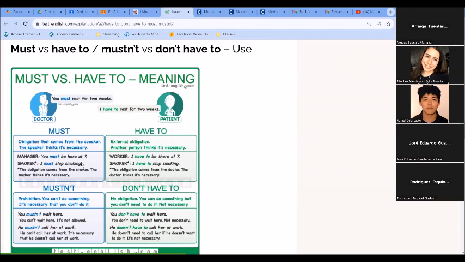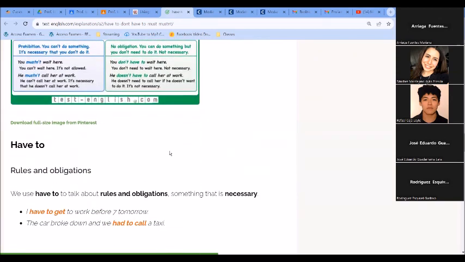Must do something is the rule. So the person is telling you this is the rule. And mustn't is telling you don't do it. That's against the rule. Now, let's dive into some of how we use it. Jose Eduardo, have to and rules.